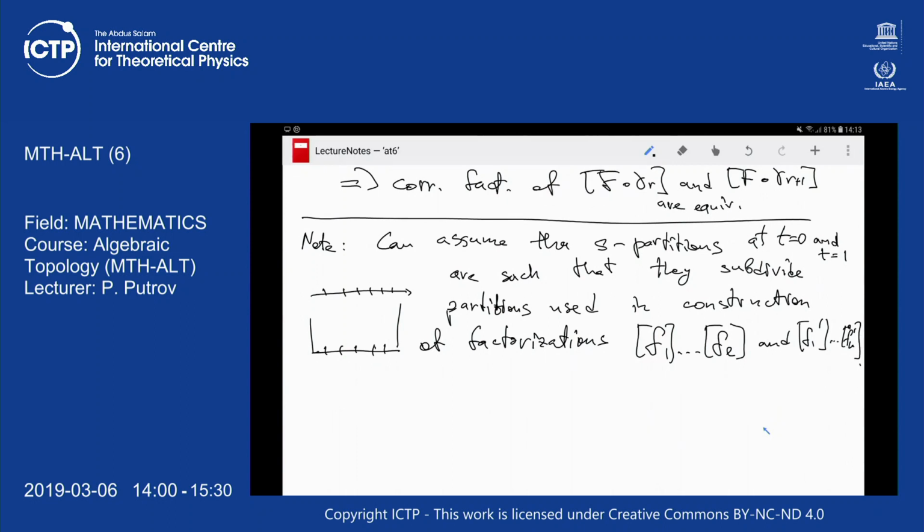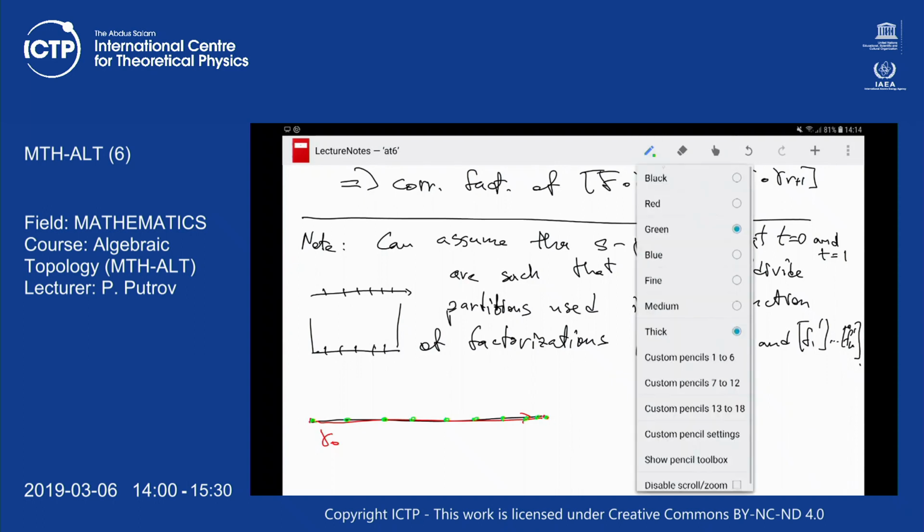What this means, if you consider for example the lower edge, which is where the path gamma 0 goes, it has some vertices constructed as before.